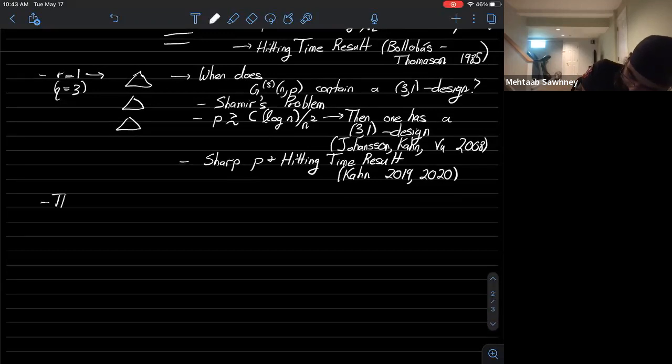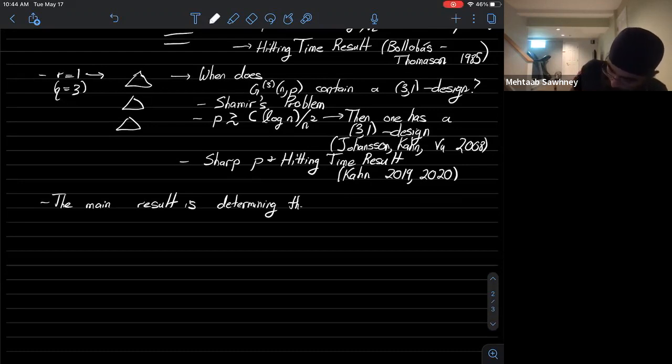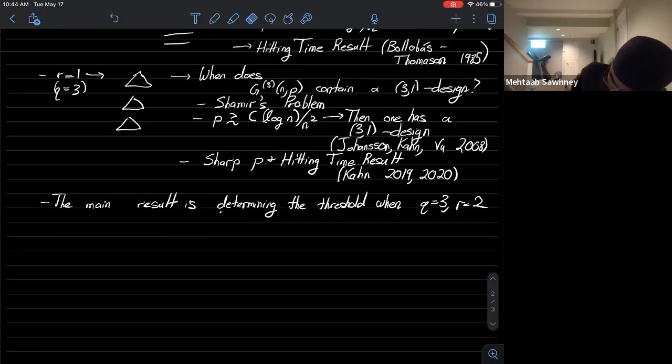So let me state the theorem precisely. This was mentioned before.